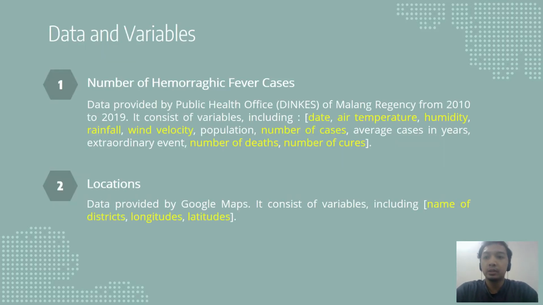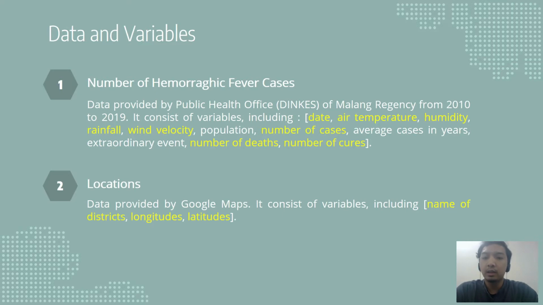For the first one, data and variables, there are two main data that I use in the dashboard. The first is the number of hemorrhagic fever cases. This data is provided by the Public Health Office, also known as Dinkes, of Malang Regency, from 2010 to 2019.